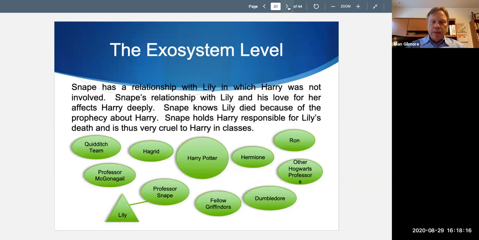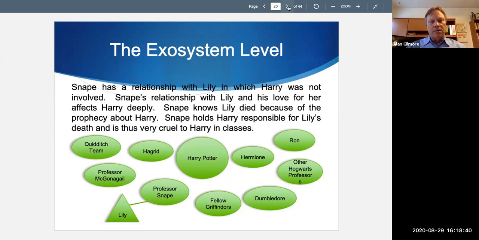So this may be a bit of a reach, and just hold on and let me get you through this to see whether it makes any sense. But the exosystem in terms of Potter's world is really about all of these folks that are surrounding Harry Potter. One in particular, Professor Snape, has an interesting relationship with Harry.